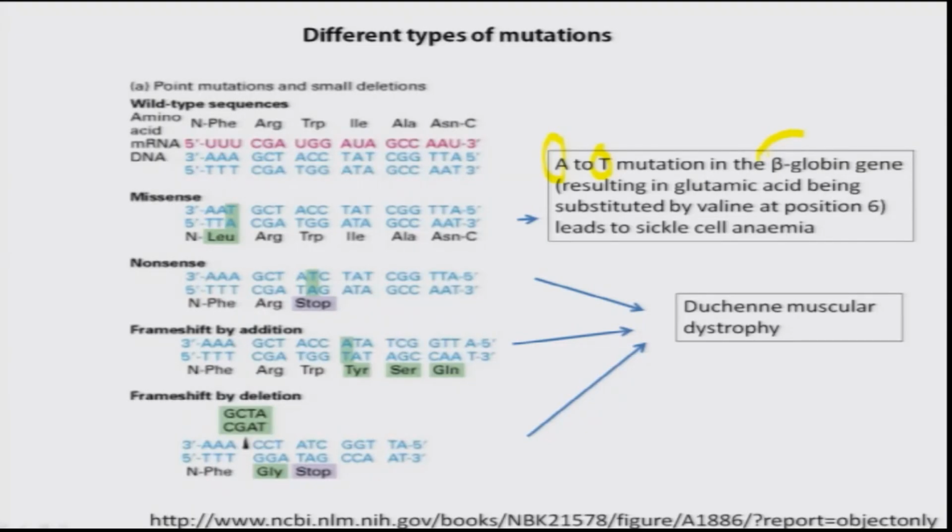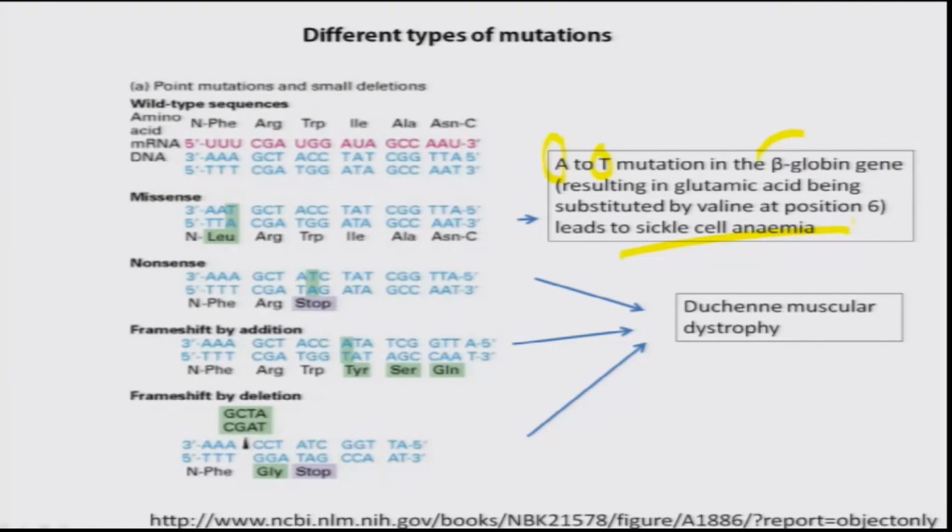As a result, it affects the physiology, and you have cells that look very, very abnormal, and that's called sickle cell, and it is also associated with an anemic condition, right. So that's why it's called sickle cell anemia. This is a very classic example, you can read more about it, right.